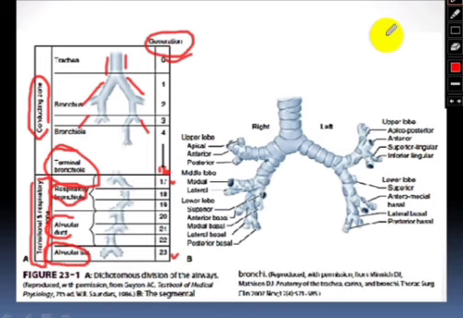These respiratory bronchioles will further divide into branches. It is always right and left. Okay? But if you see the continuation here, it's just one side. There's also the other part.